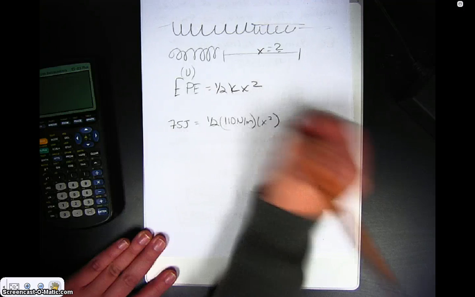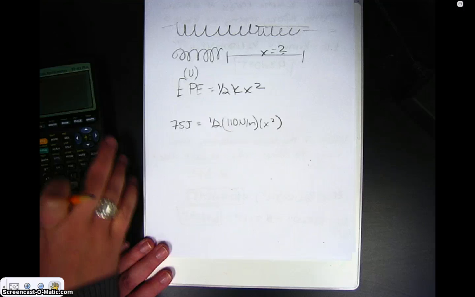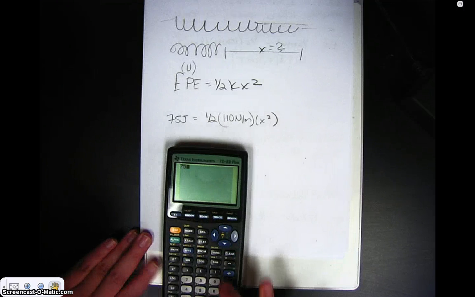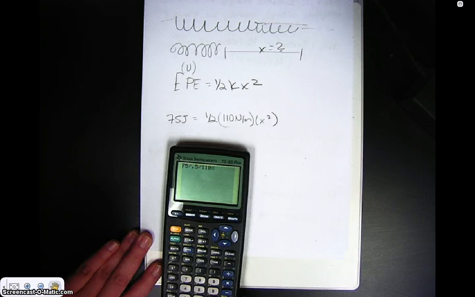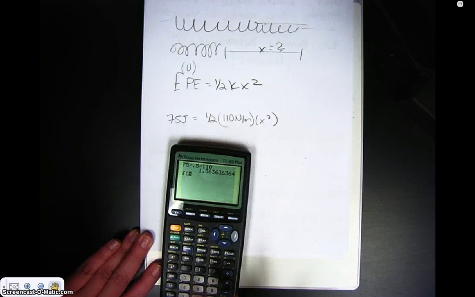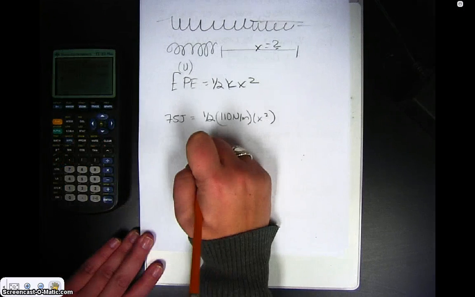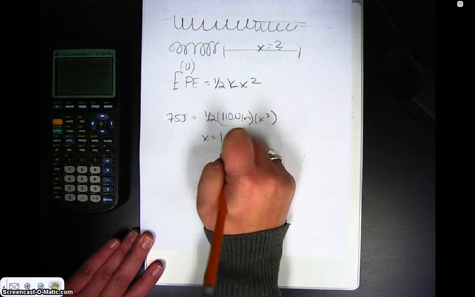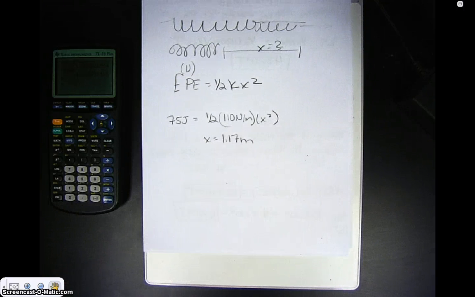And then I just want to know what my x is. To solve for x, I'm going to take 75, divided by 0.5, divided by 110, and then take the square root of that number in order to get x. I get that x is 1.17 meters. So that is elastic potential energy.